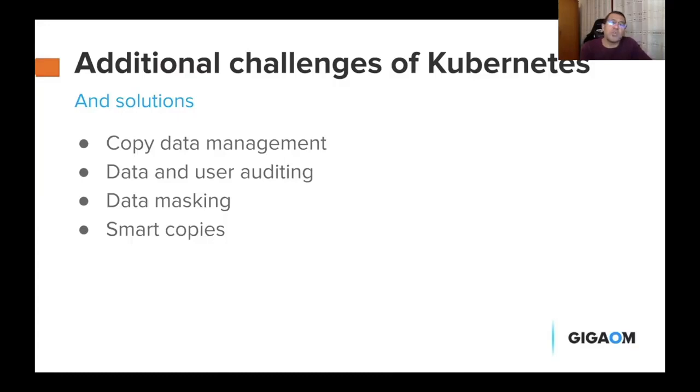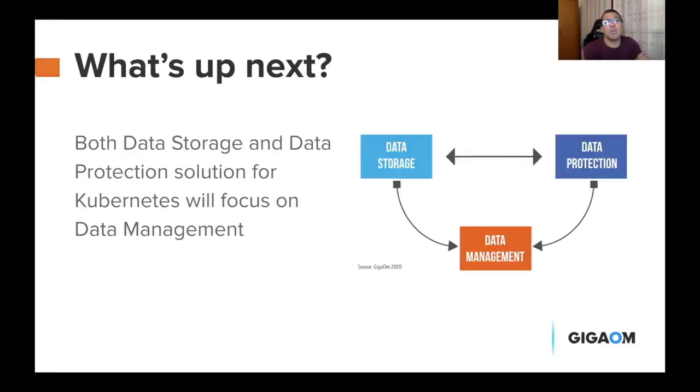So let's start to dig a little bit into what is next in the Kubernetes environment and how we can deal with all this complexity. First of all, we have to acknowledge that both data storage and data protection are providing data management features.